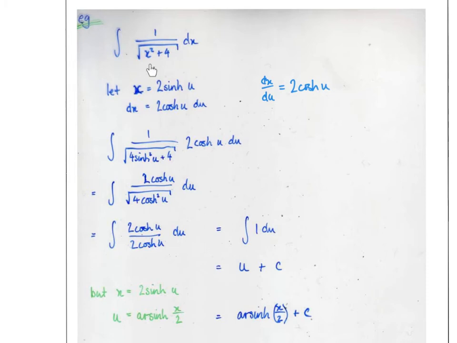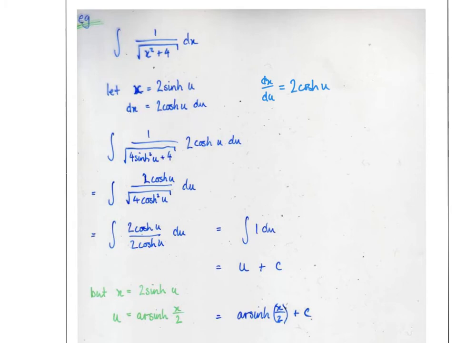So as a substitution, let x equal, well, this is 2 squared, so x squared plus 2 squared, so x equals 2 sine u. If I differentiate that with respect to u, I get dx by du equals 2 cos u. Taking that du to the other side, I get dx equals 2 cos u du.